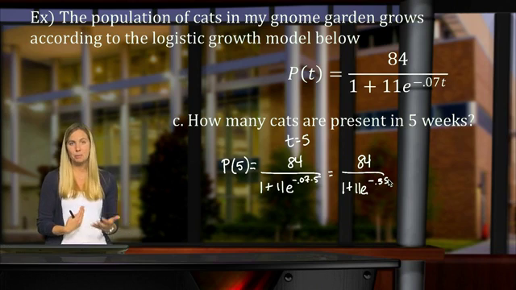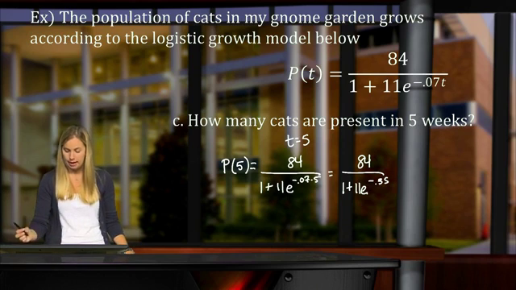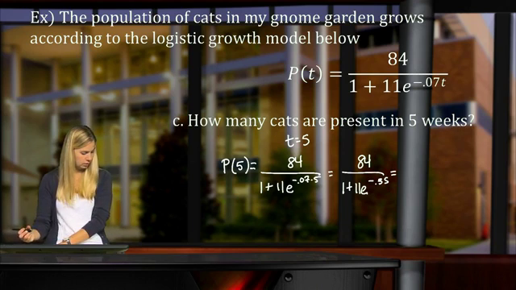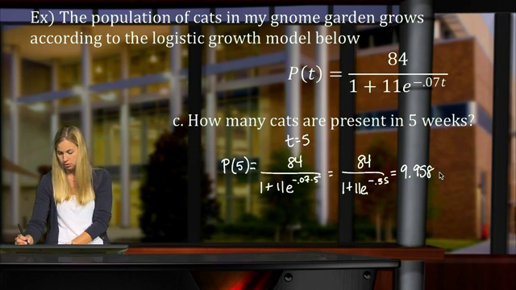Simplifying, again, as much as you can. You're going to want to evaluate your denominator first and then take 84 and divide it by that. We get about 9.958, which we will round up to 10 cats.